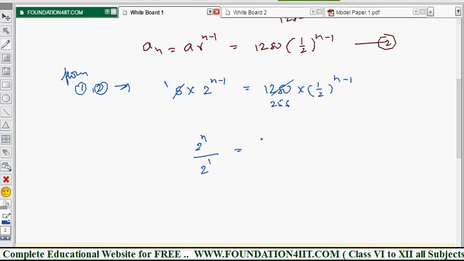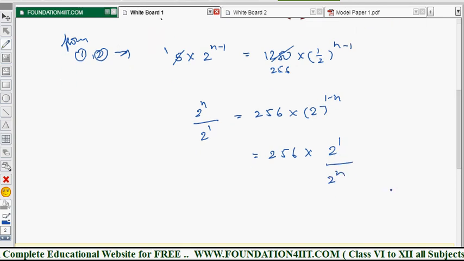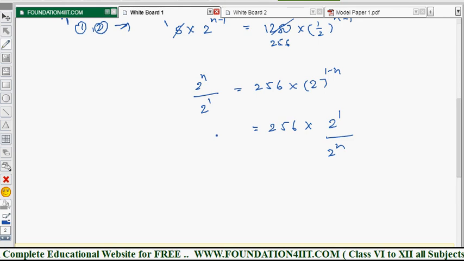And this is 256 into 1 by 2 whole power n minus 1. 1 by 2 you can do the reciprocal, n minus 1 becomes 1 minus n. Then 256 into 2 to the power 1 by 2 to the power n. Just to simplify, this is 2 to the power n by 2.